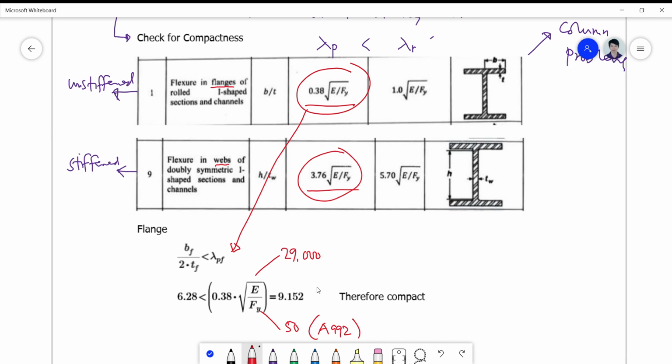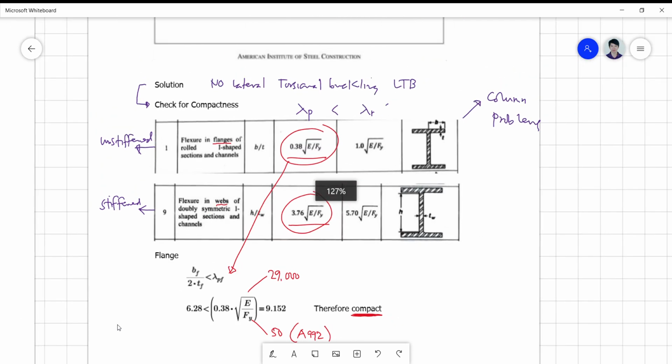I substitute the values of E and Fy for A992. So this becomes 9.152. Since 6.28 is less than this one, our conclusion is this is compact, which means to say that we have no problems on the compactness of your flange.